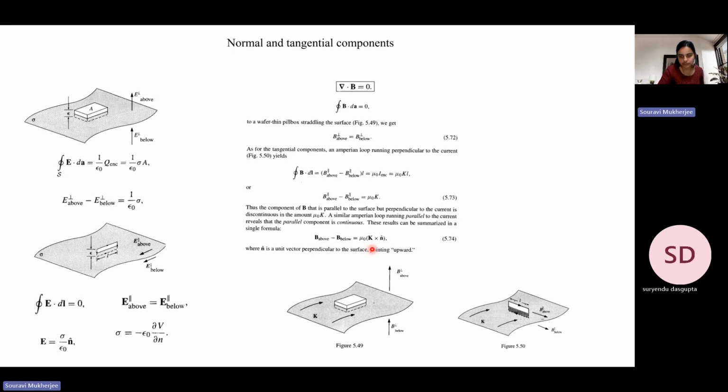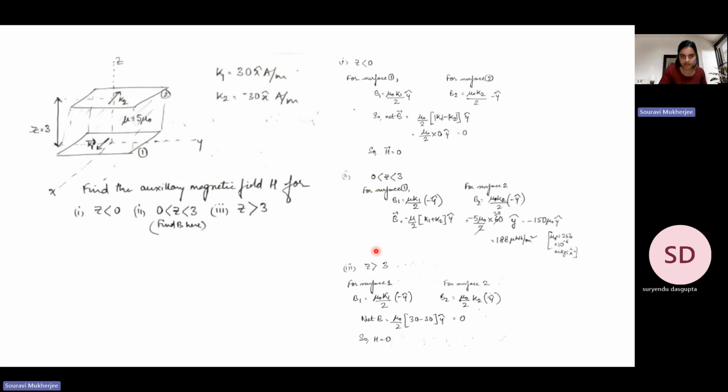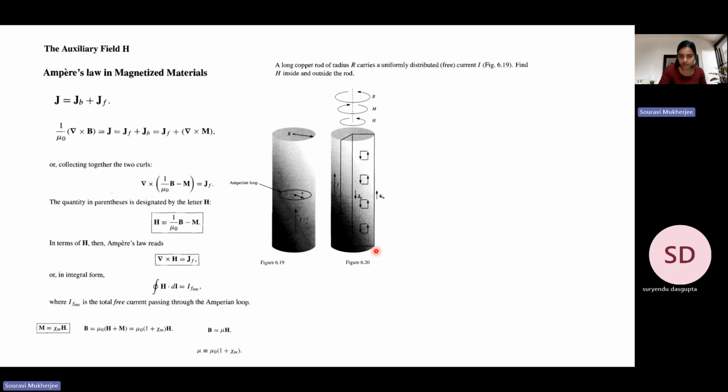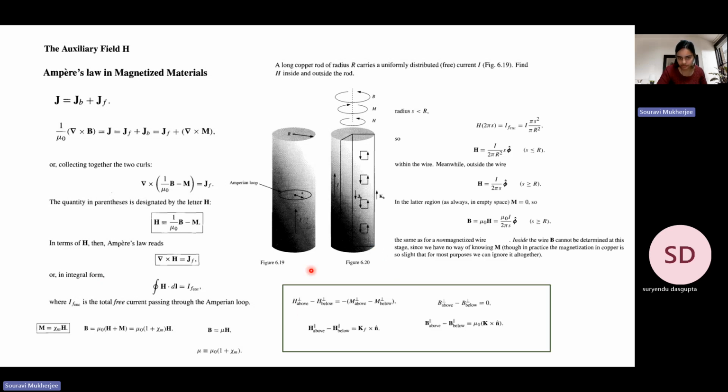These boundary conditions will also translate to the magnetization and auxiliary field components. As you can see, because the normal components of B above and below are continuous, while the tangential components have a discontinuity, the same will be reflected in the auxiliary fields.